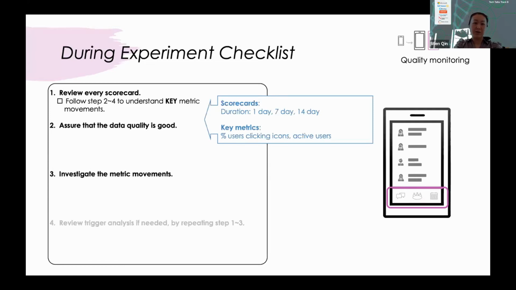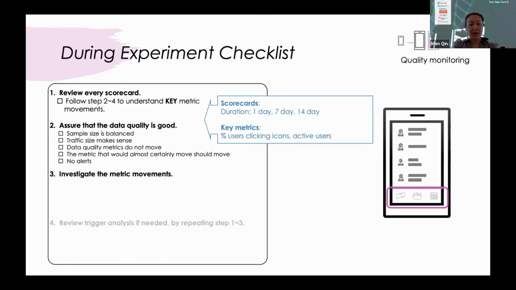The checkpoints include that the data quality is good and the metric movements, which you want to understand. As for the data quality, here is a list of checkpoints. For example, the sample size is balanced between treatment and control, and the traffic size makes sense.